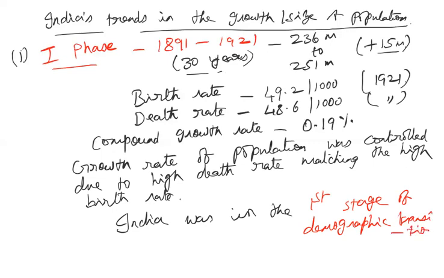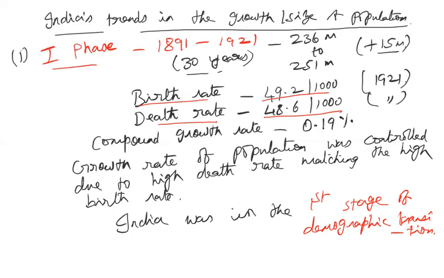Okay, in the previous class I mentioned what the first stage was, what India's stage was, and what all the causes were. So this was to prove it with the data, the data of birth rate and death rate. Okay, so this was up to 1921.